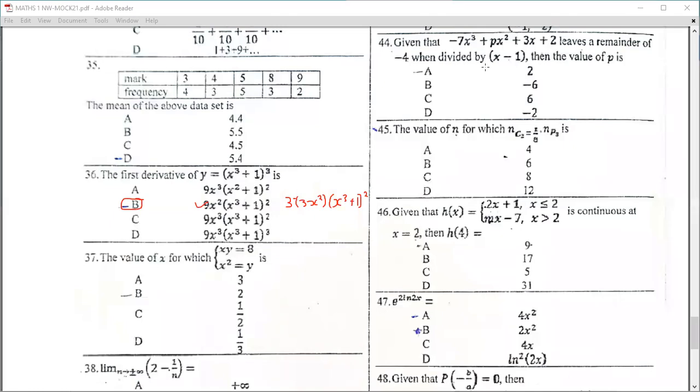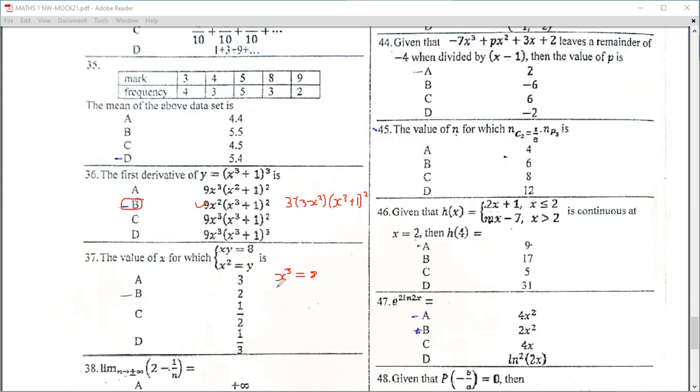Since we already know that x squared is y, I can go to equation 1 and, instead of writing xy, replace y by x squared. So x times x squared is x cubed. So x cubed should be equal to 8.